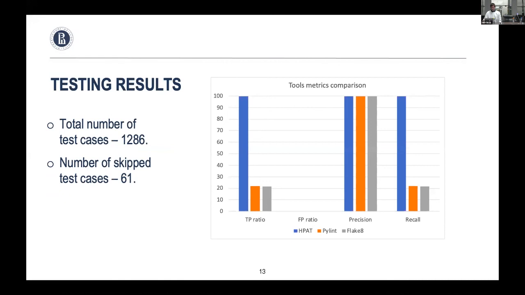Yeah, I get it. So the reason is SPAT is developed together with the test suite, and so it was developed in a way that satisfies every test case from the test suite.